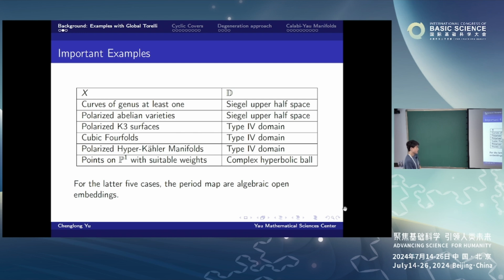So you can talk about whether it's an algebraic open embedding. So in fact, these things are true, and for all these examples, in some sense, the global Torelli holds. For polarized hyperkahler manifolds, you need to be a little bit more careful. You may have multiple components.